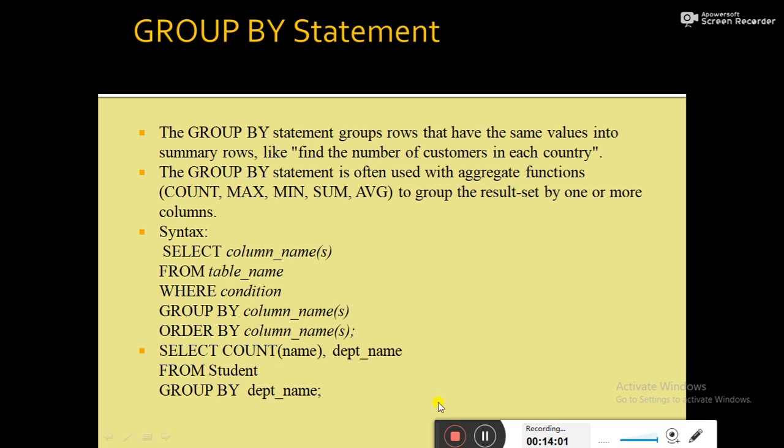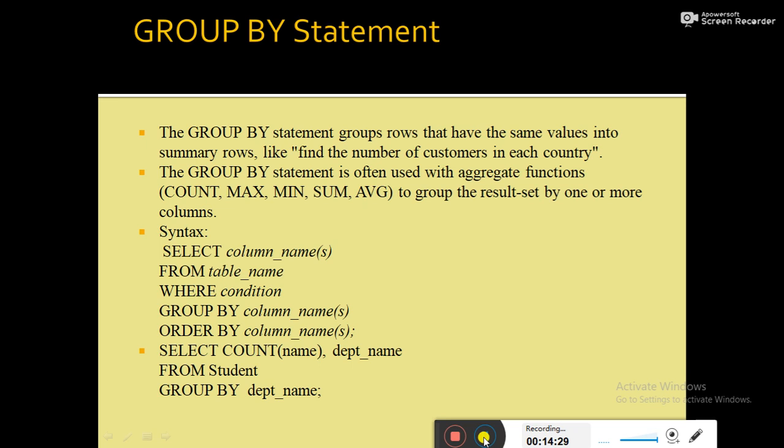For example, already we know the student relation which has ID, student name, department name, and marks. These are the attributes present in a student relation. Suppose we have to count how many students are present in each department.